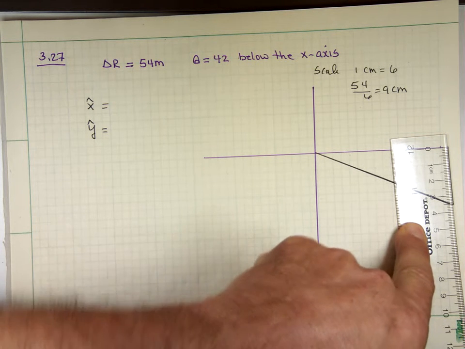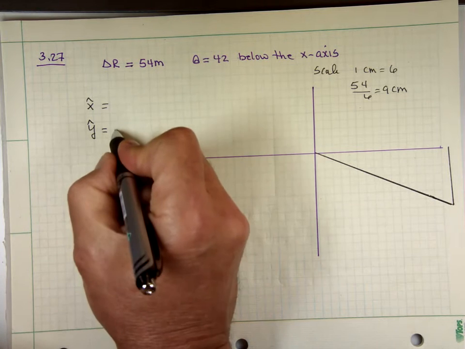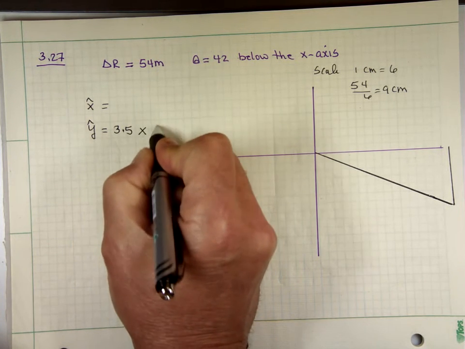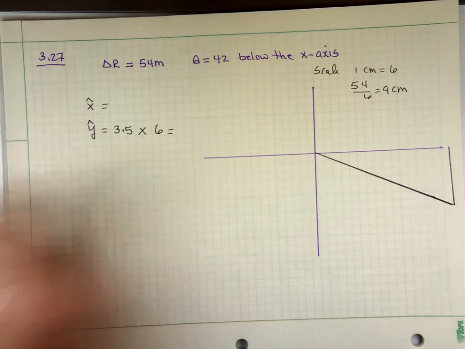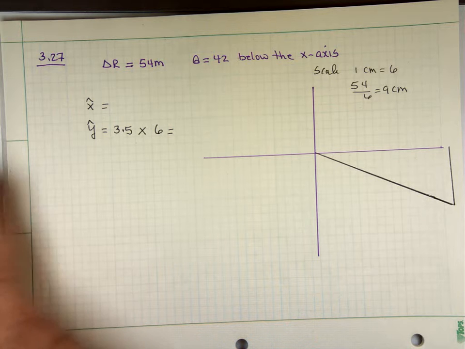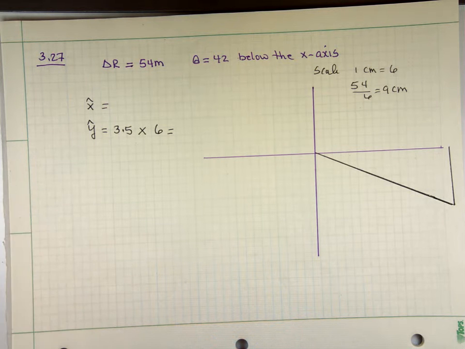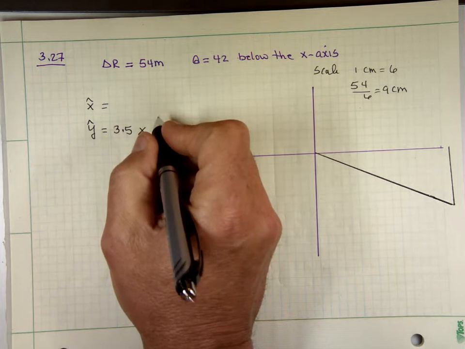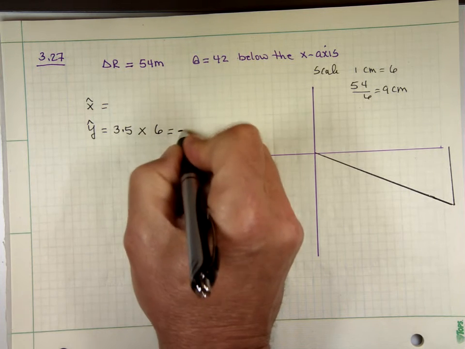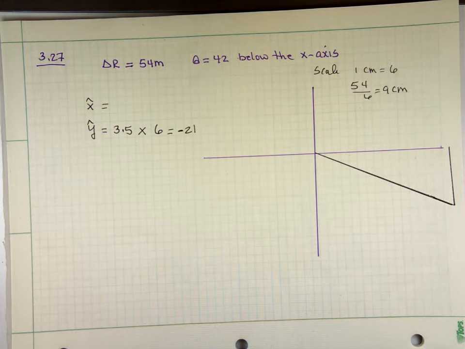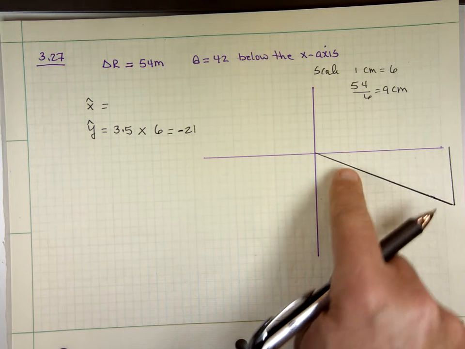So the y value is 3.5 times the scale. The scale is 6. What is 3.5 times 6? 21. It will be negative. Oh, you know what? I drew that wrong. It says 42, not 22, right?